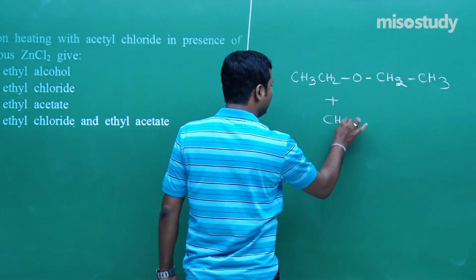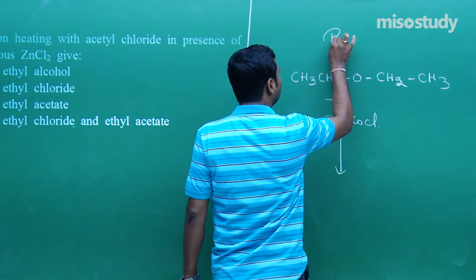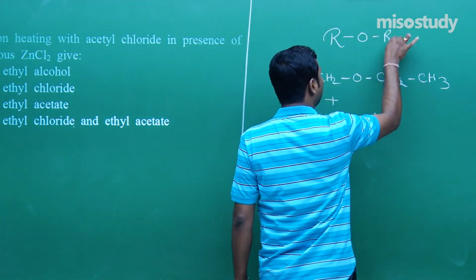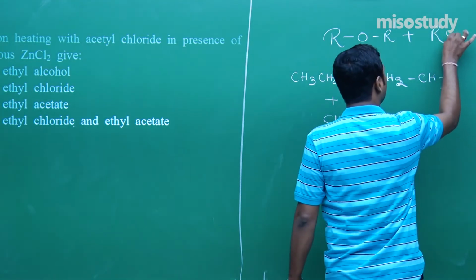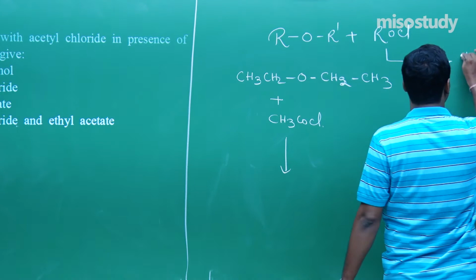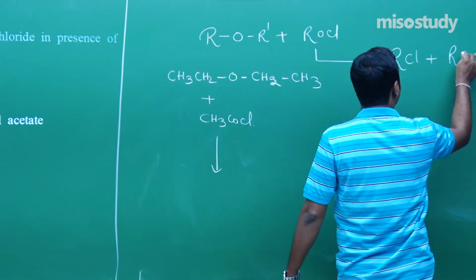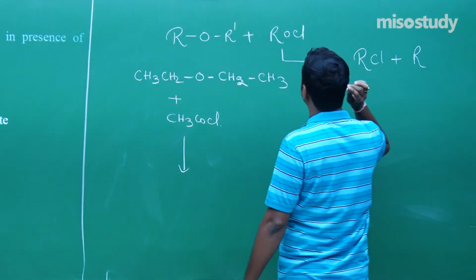Acetyl chloride, CH3COCl. That is, if I write here ROR' plus RCOCl, in this case, what will happen? Sir, it's very simple. It gives you RCl or R'Cl, okay, clear to you?